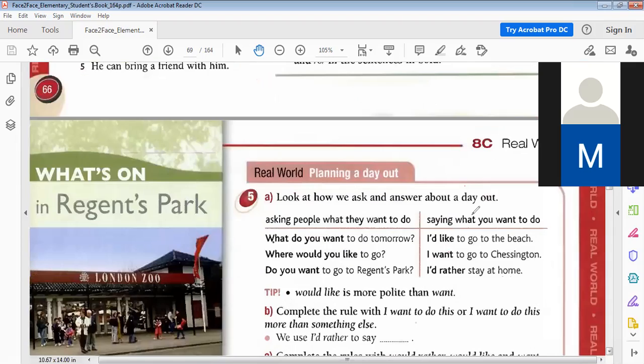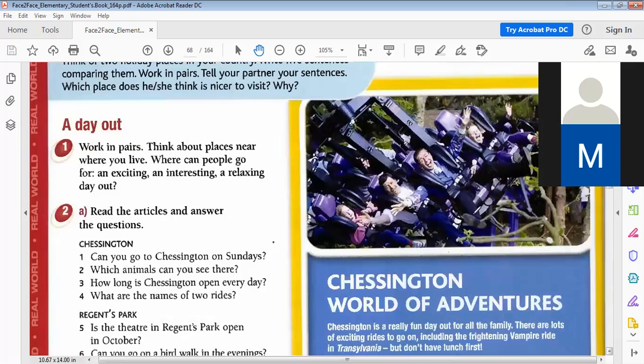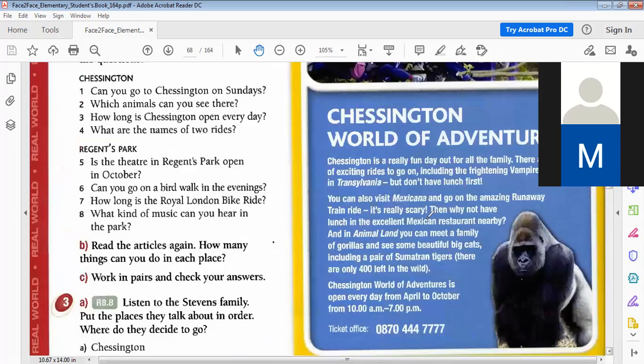Let's start with the first place. Take some time, read about Chessington Park, and when you are finished, we can do some questions, and then we can read about the other place. When you're finished, you can just tell me, and we can do the questions.